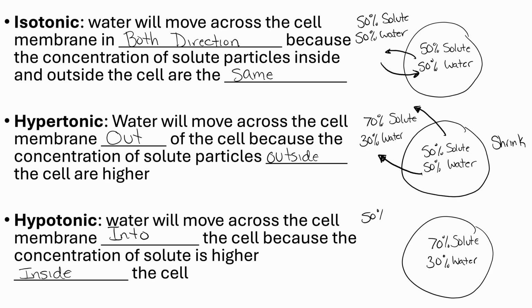Outside the cell, we still have that 50-50 solute to water mix. So in this case, the water is going to naturally want to flow into the cell, which could potentially cause the cell to burst or lyse because the cell will get too big and it will pop.